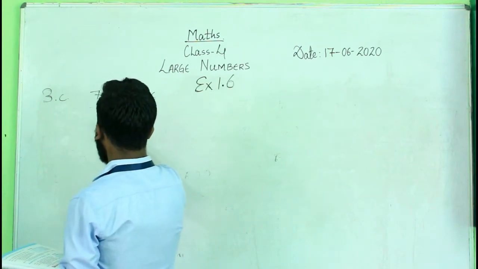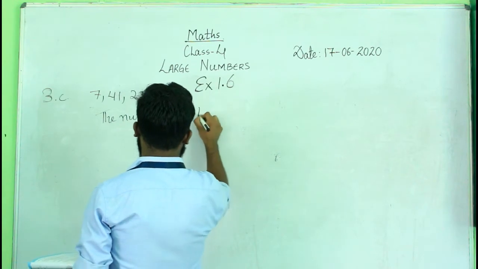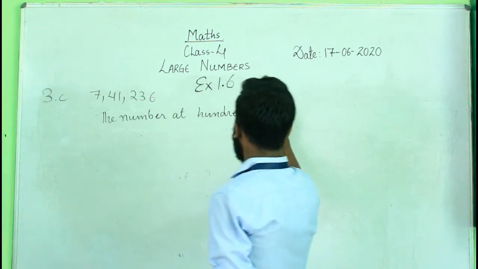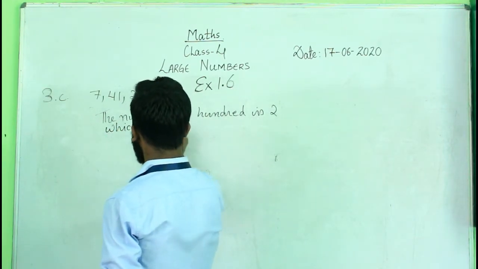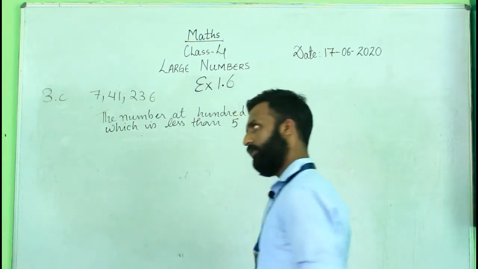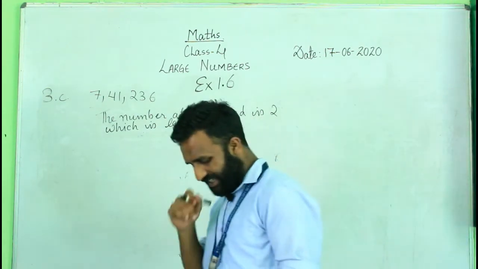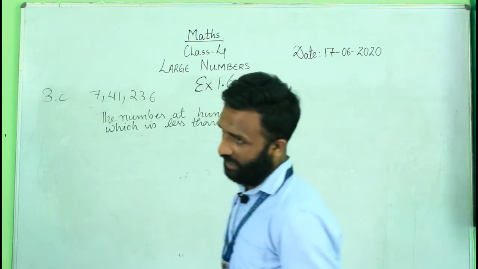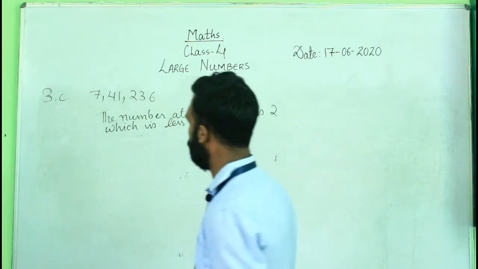The number at 100 is 2, which is less than 5. So whenever the number is less than 5, we will just change the numbers to 0, and at the 1000 place we will keep it like that.